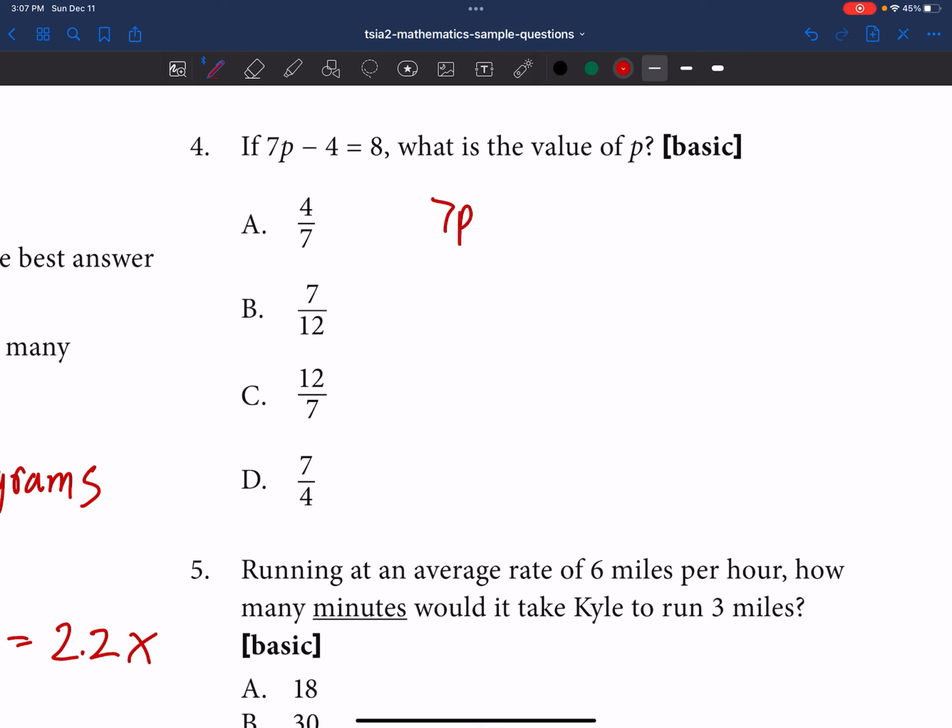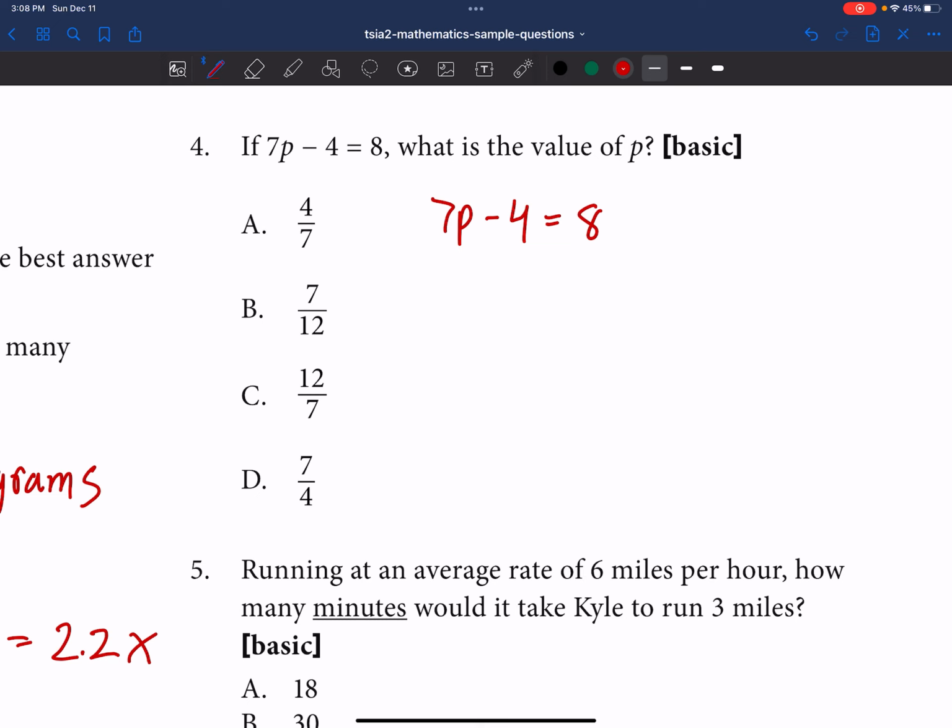So look, if I got 7p minus 4 equals 8, to solve for p, I need to use inverse operations to isolate that variable. Now you can do these in any order as long as you're consistent with keeping the equation balanced. Because I see 7 times p, the inverse operation of multiplication would be division. So I know I need to divide by 7, and I'm subtracting 4, which means I need to add 4.